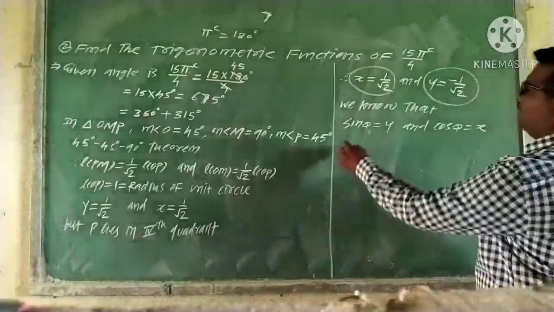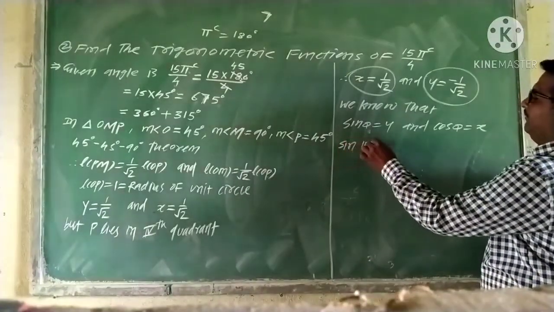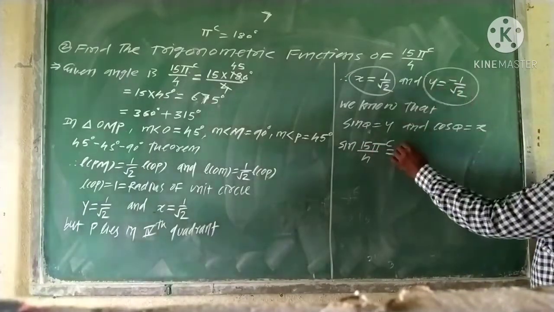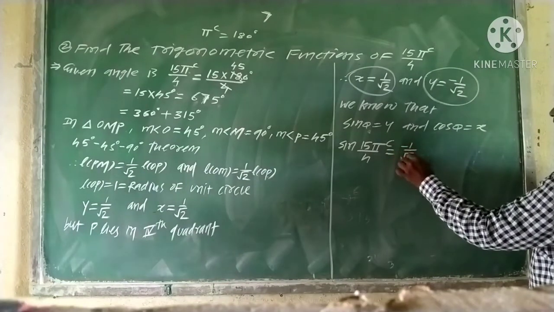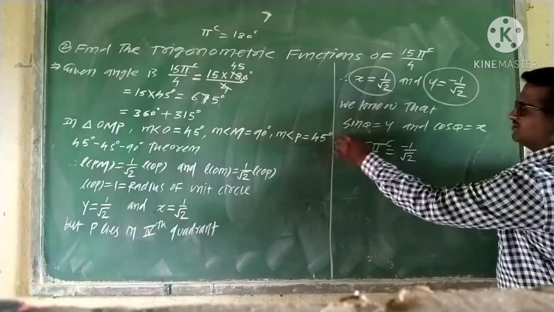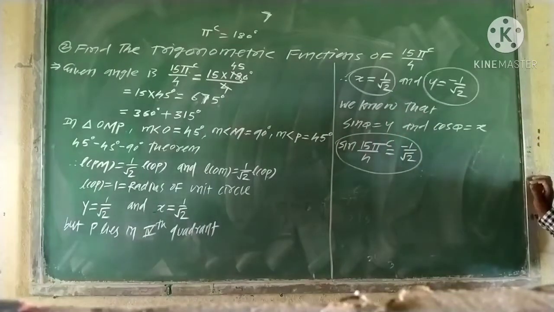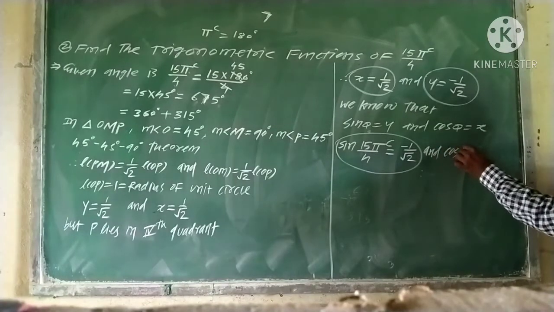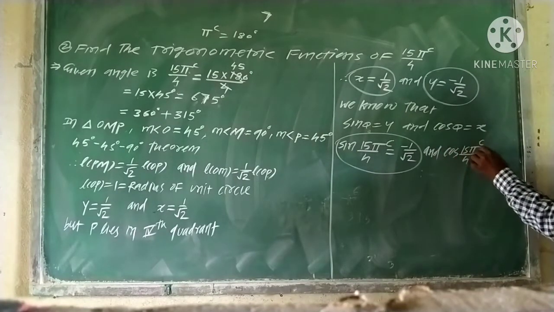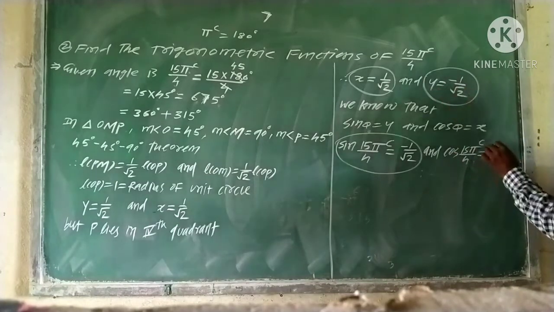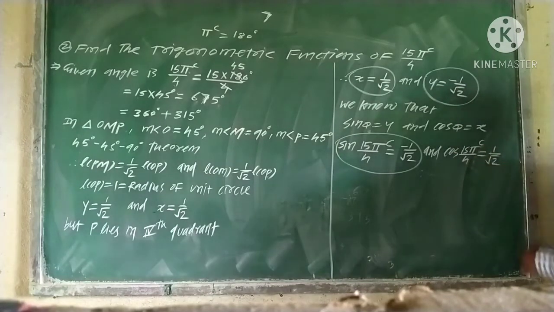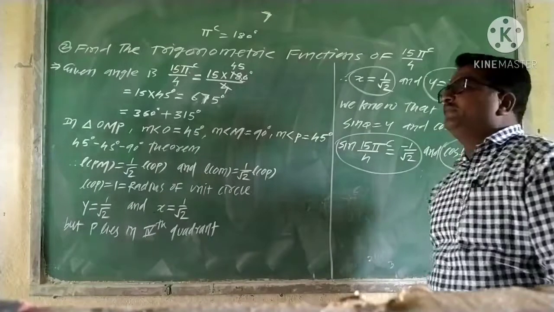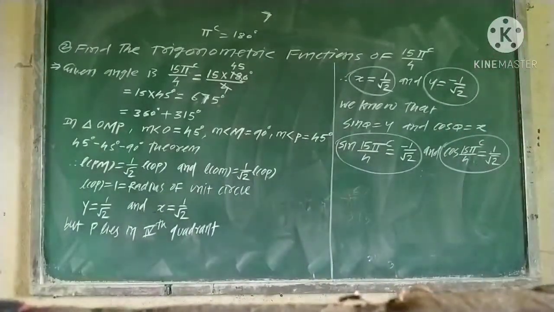So sine of 15 pi divided by 4 radian equals y, which is minus 1 upon square root 2. And cos of 15 pi divided by 4 radian equals x, which is 1 upon square root 2.